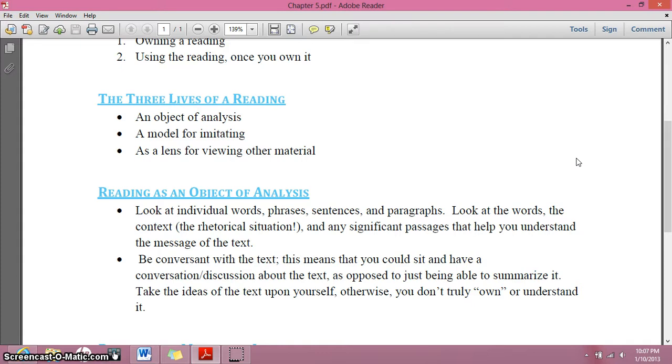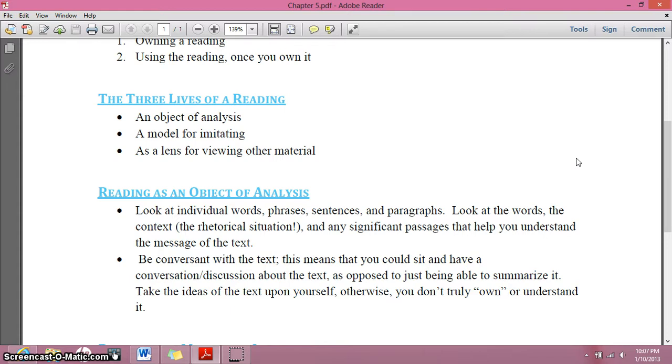Other than that, you're looking at the language being used. And then be conversant with the text. That goes back to owning a text. This is the owning the text level of the chapter. Again, it means you need to be able to sit down and have a conversation or a discussion, not just summarize it.